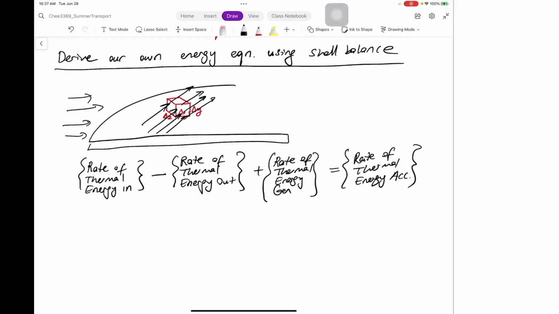First of all, this is very similar to the shell balances that we have done so far. The only difference is the following. We had taken care of only the conduction in which our object was not moving. But in this case, we are not doing a shell balance on a solid object. We're doing a shell balance on a fluid stream, meaning that I do not have only the conductive terms, but I also have a term I forgot the name of.